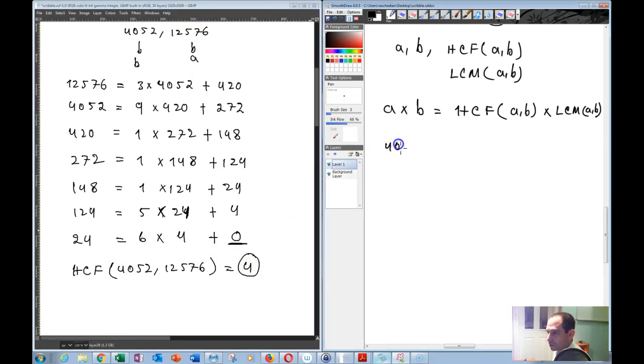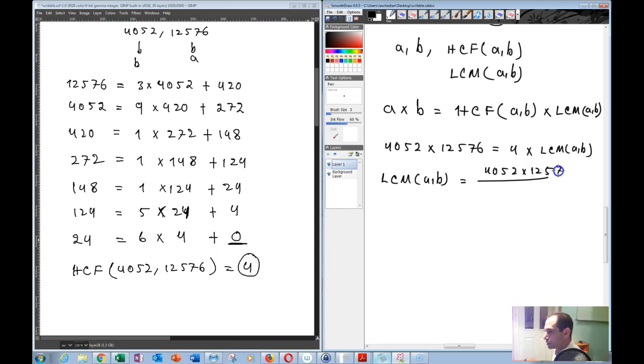So you can write 4052 times 12,576 is equal to the HCF of the two numbers, which is 4, times the LCM of A and B. And if you solve this equation, you would get LCM of A and B is equal to 4052 times 12,576 divided by 4.